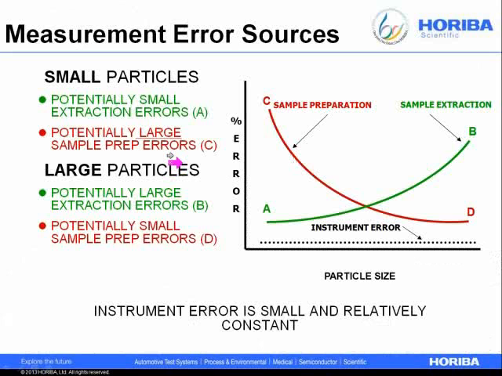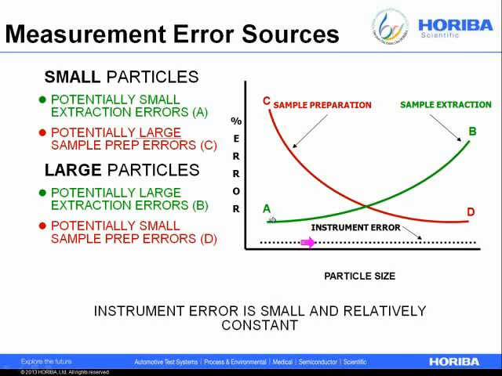And so we have a graph from one of our classes on particle size analysis, our boot camps, where we show percent error as a function of particle size. And generally the instrument error is a fairly small fraction of your overall measurement errors.